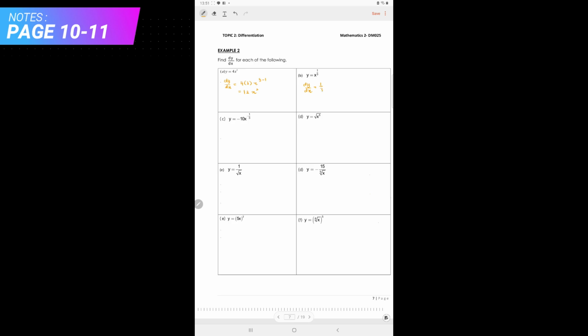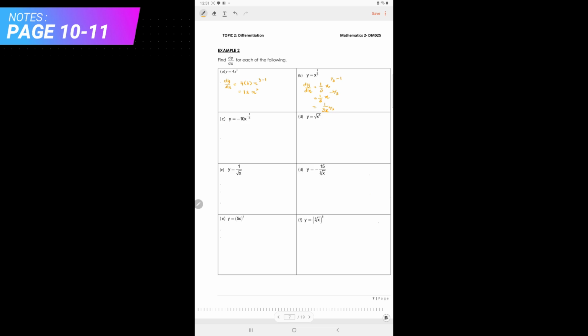So 1/3 ke depan, x to the power of 1/3 minus 1. So you akan dapat x power negative 2/3. Okay, so kalau nak tulis dalam bentuk ni pun boleh, sebab dia negative power, kita turun ke bawah.